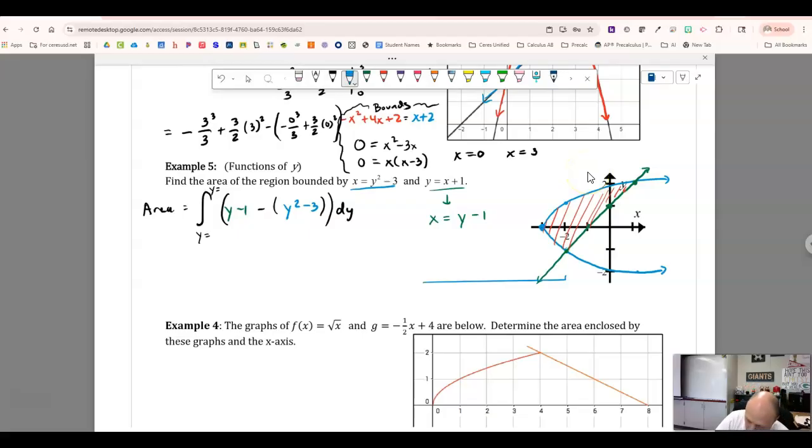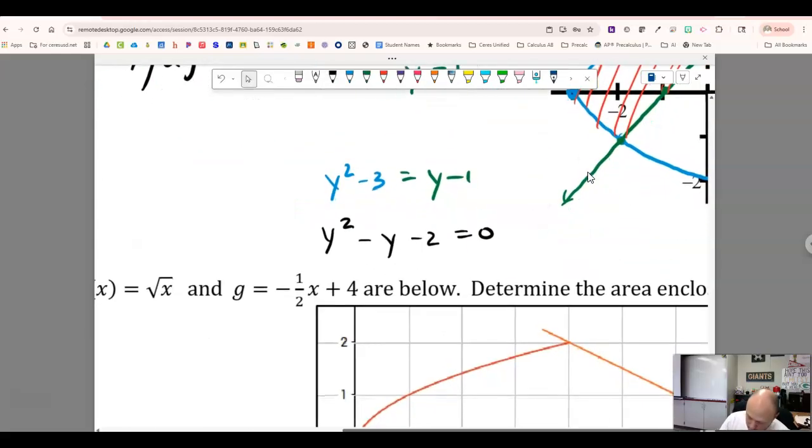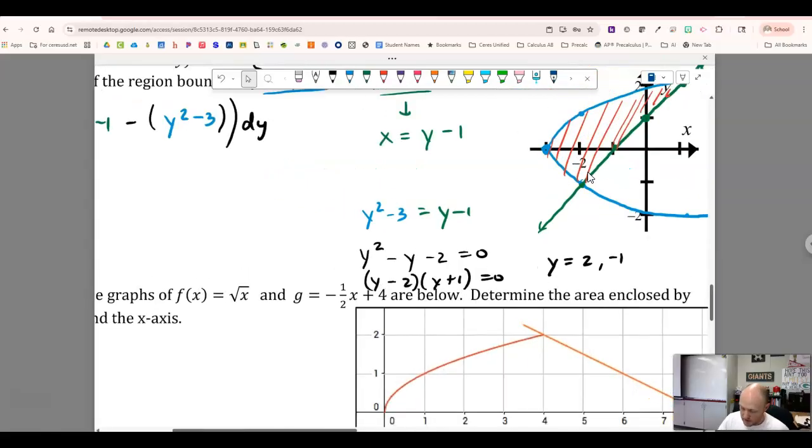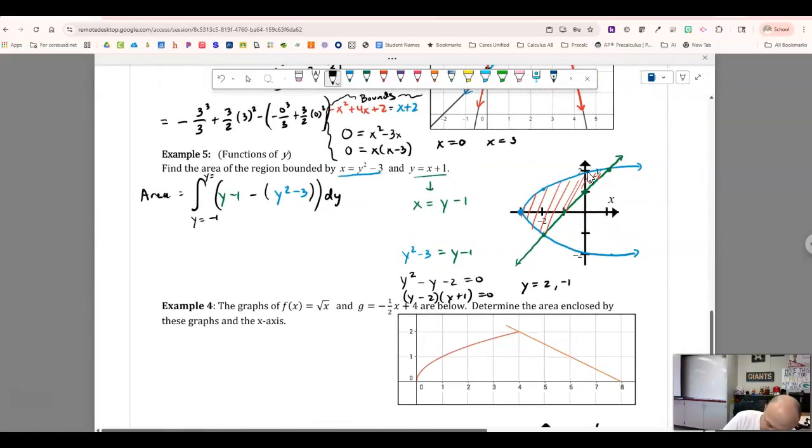So if I have y squared minus 3, and I set this equal to y minus 1, I can move everything over to the right. So I'll subtract a y, add a 1, which gives me y squared minus y minus 2, and I have a parabola. So y minus 2, y plus 1, and these are our bounds. So I get y equals 2 and -1, which is what we thought. So -1 and 2.